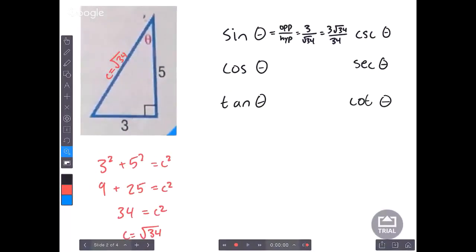Does anyone want me to show getting from this step here to this step here? Or is that fine?